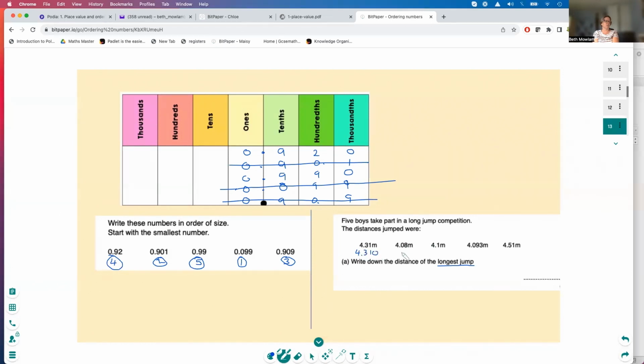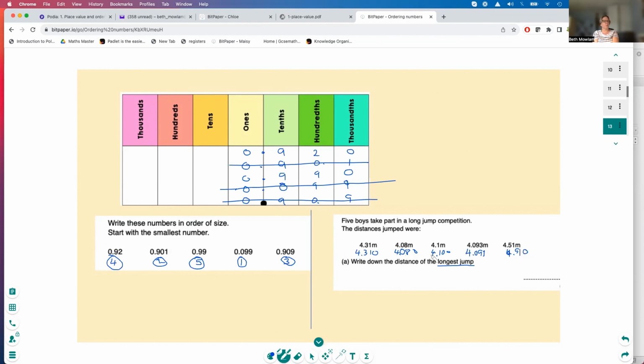So that would be 310. The reason I'm adding zeros is because I've got one of them that's 3 digits after the decimal point. So I need them all to be 3 digits after the decimal point. 510.